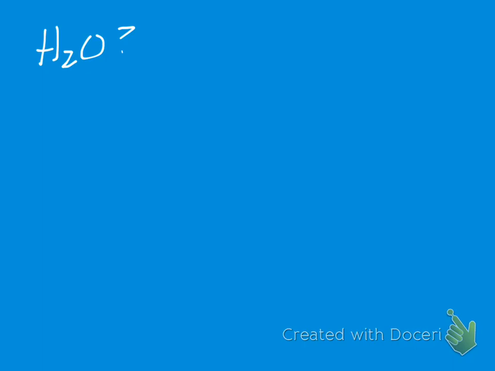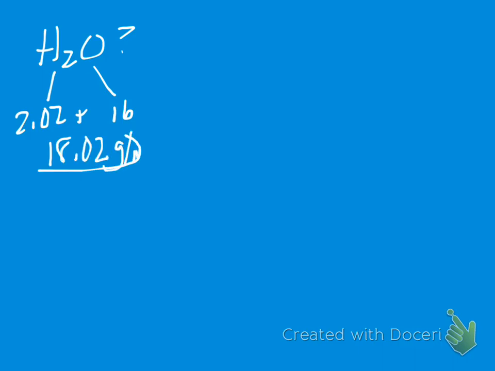So here we might as well just go ahead and do the molar mass of H2O. So we've got 2.02 plus 16, 18.02 grams per mole. One of those things that you'll just commit to memory. So for the hydrogen, how many moles of hydrogen are there in 1 mole of water? 2.